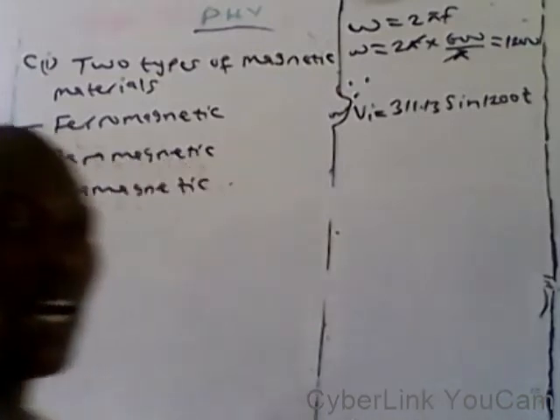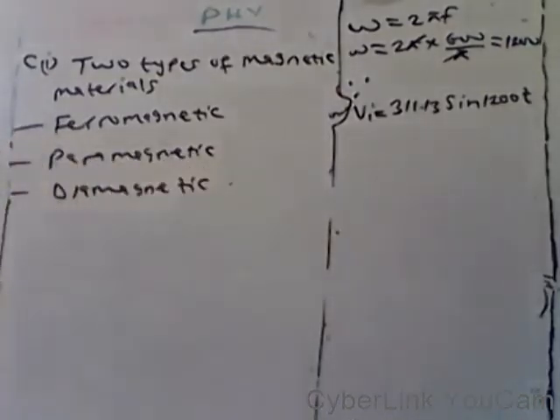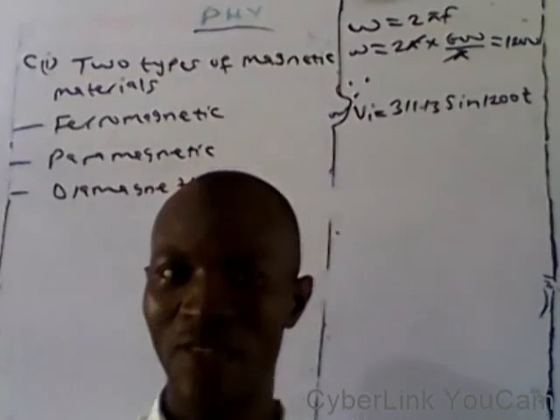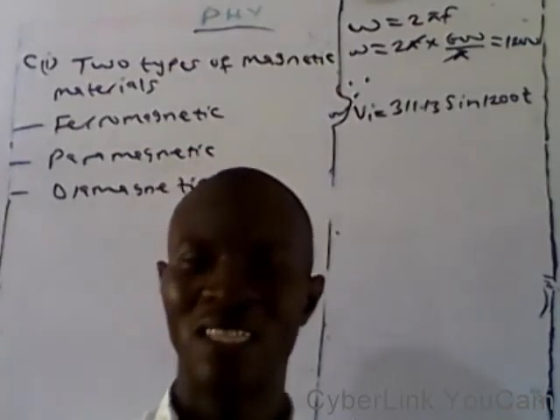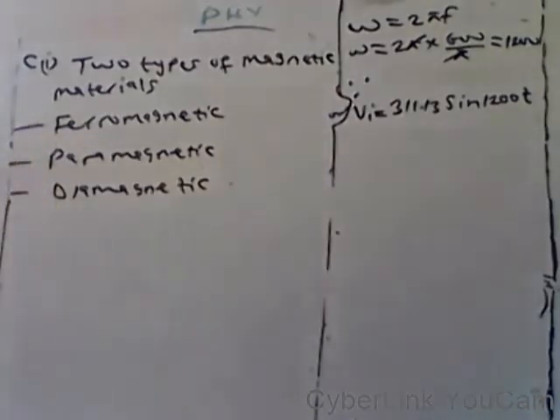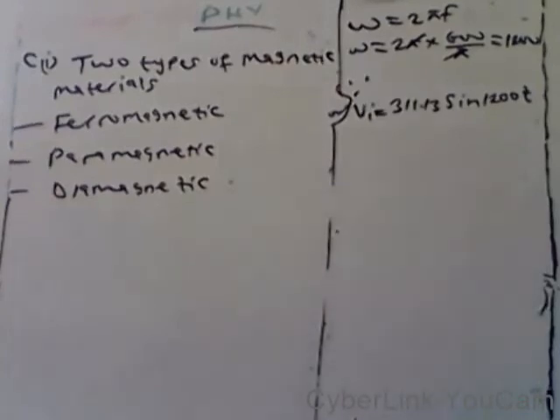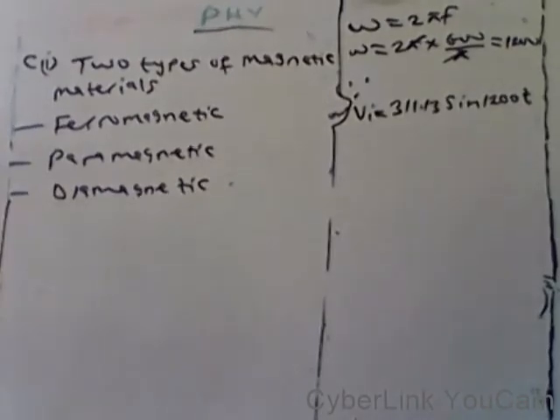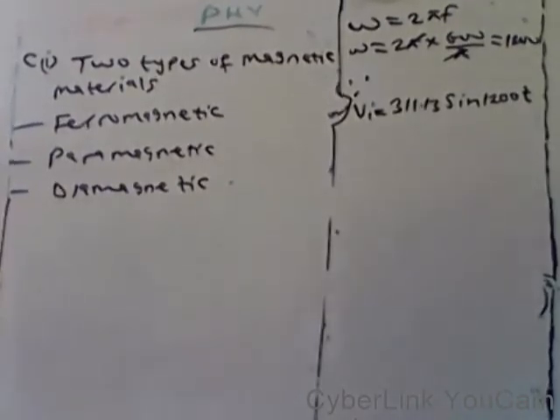But for diamagnetic, instead of being attracted to the magnetic field, they repel it. So these are the three types of magnetic material. Examples of ferromagnetic materials are iron and steel, and then the rest.